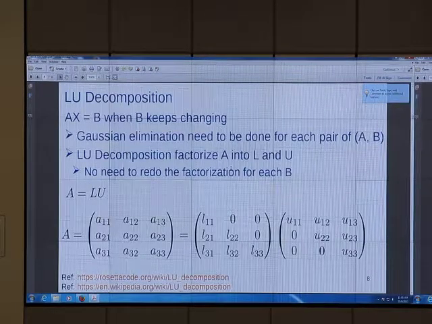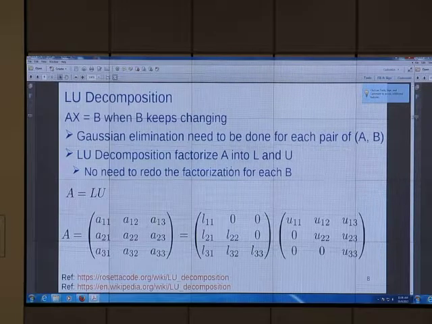So we find the factors of A to be L multiplied by U. So when the right hand side B changes, we don't have to redo LU decomposition, right? A equals L multiplied by U. It is the same regardless of B. Make sense, Daniel? Yeah, okay.